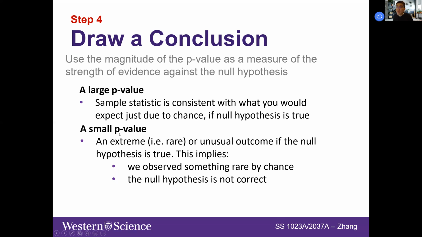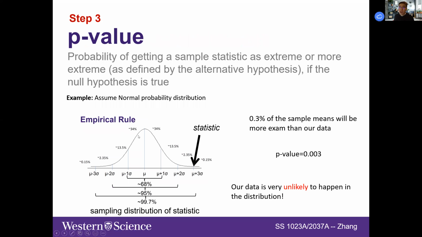However, if our p-value is quite small, there could be only two situations. The first is that we just happened to observe our data by a very small chance. The other is that our precondition is wrong, and our distribution shouldn't look like this, which means our null hypothesis is incorrect.